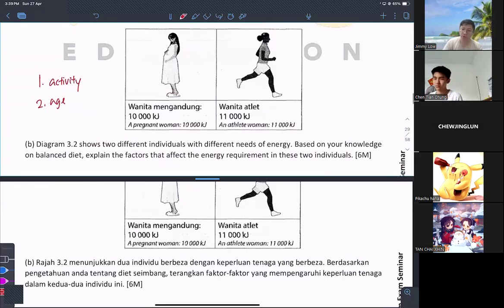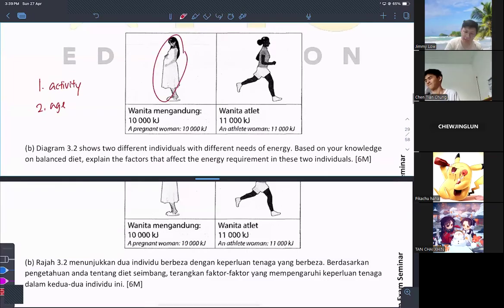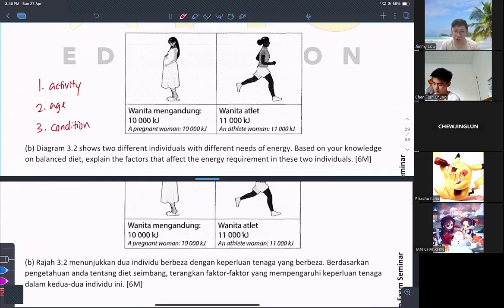Based on the energy requirement, you can say maybe the young one needs more energy, the old one needs less energy, whatever. Three, body condition, health condition. You can say this one is having pregnancy, so the energy she is going to consume is basically more than a female usually. So you slightly explain the two of them based on these aspects.